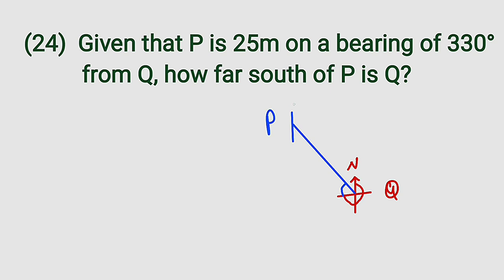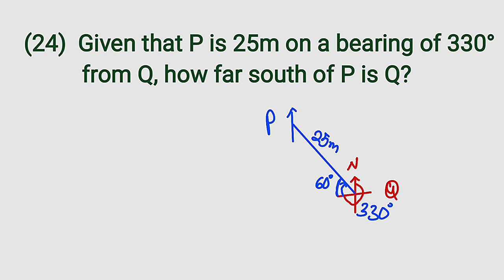So the line heading to P is something like this. So this is point P. And it stated that from P down to Q is 25 meters, and this is 330 degrees. But only this angle right here is 60 degrees. Because I told you from this down, this is 270.